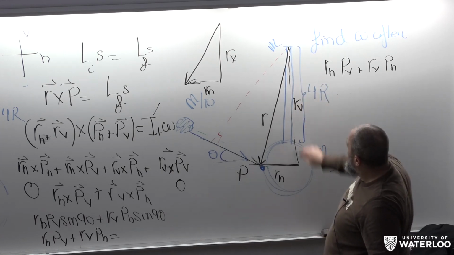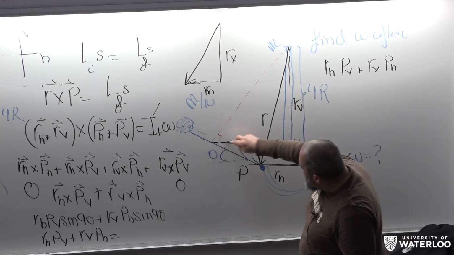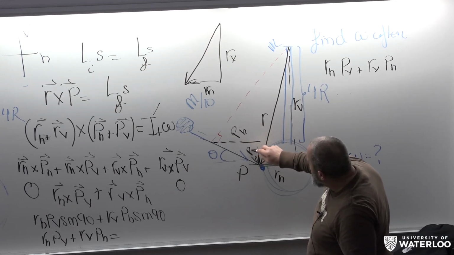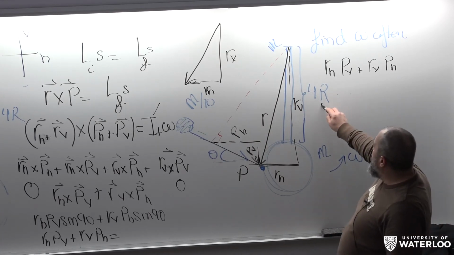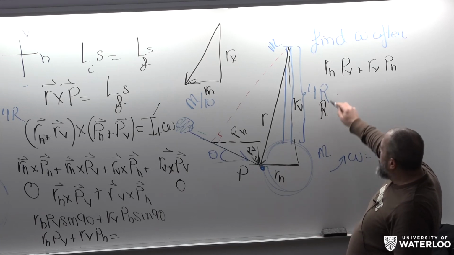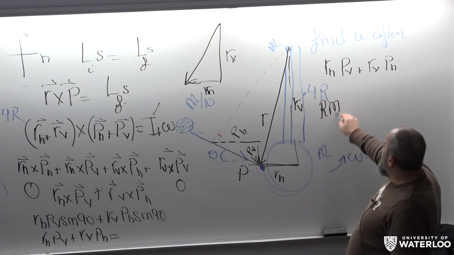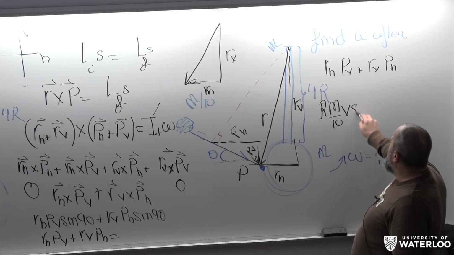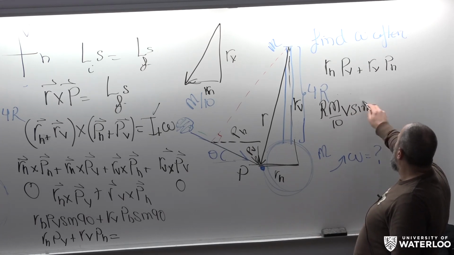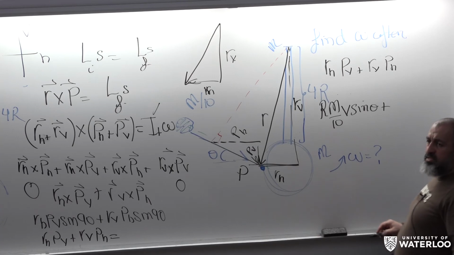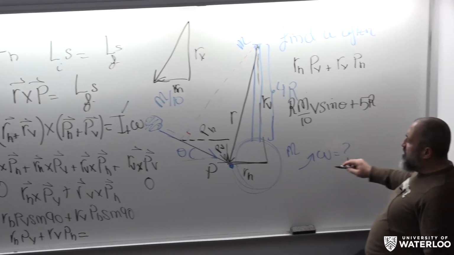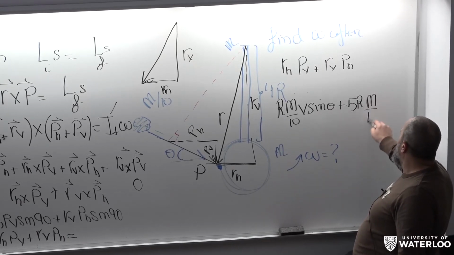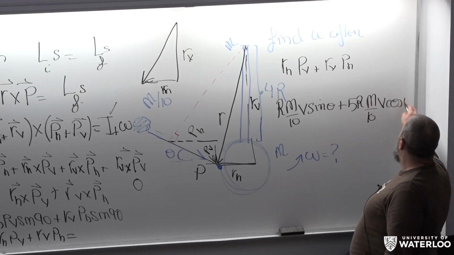And P has two components: P horizontal and P vertical. They're very easy to spot. R horizontal is R. P vertical is M over 10 V sine theta, plus R vertical, which is 5R, times P horizontal, which is M over 10 V cos theta.